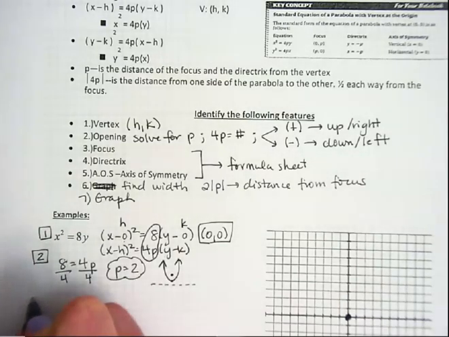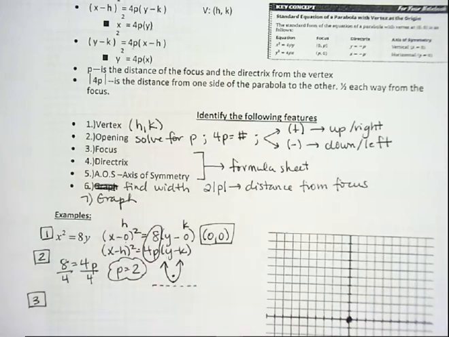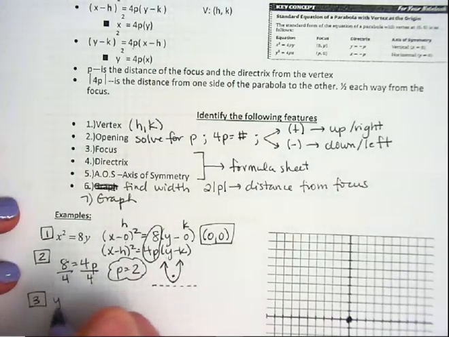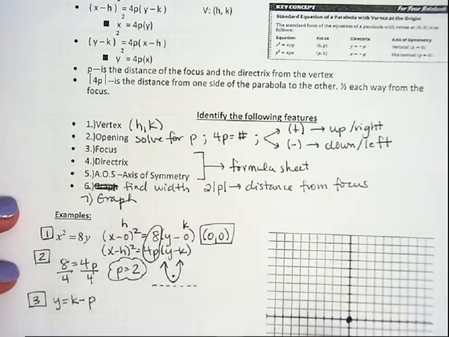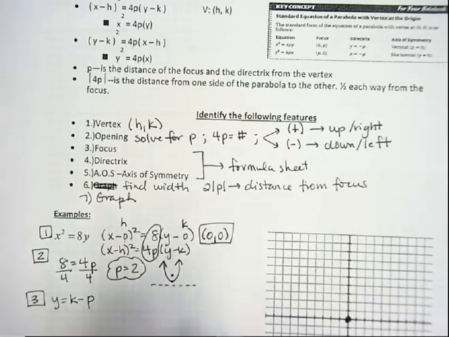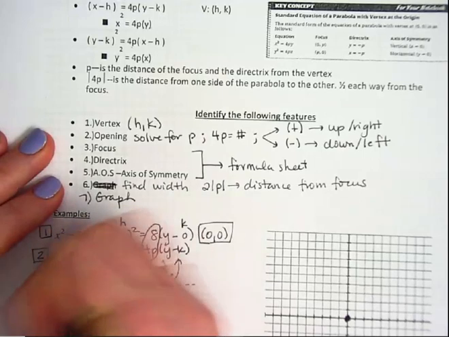All right, step 3 is to find the directrix. If you're using your formula from your formula chart, it's going to be, oh, I'm sorry, we're doing focus here. My bad.